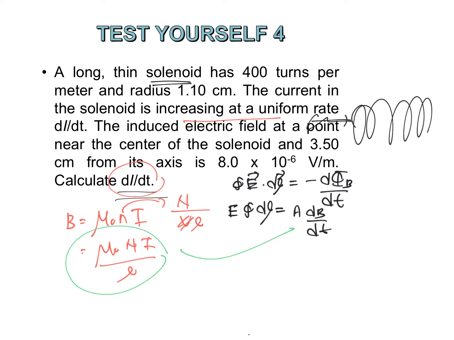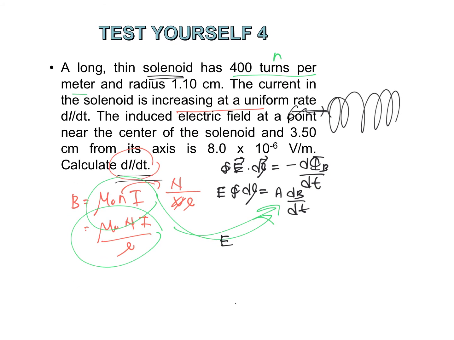So you put this formula into this one, because the question gives you 400 turns per meter, so this is basically n. So you're going to get E, the integration of dl, you're going to get 2 pi r. And the area, so you're going to get mu naught n A dI over dt.